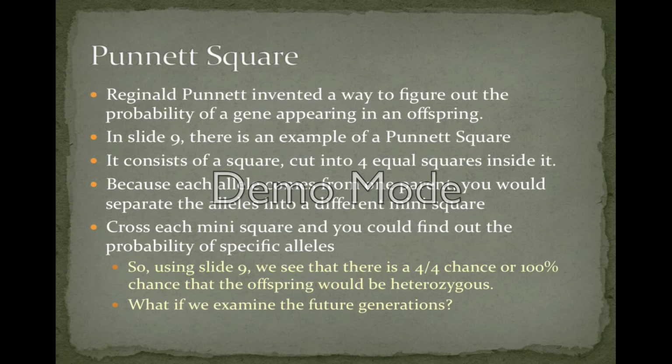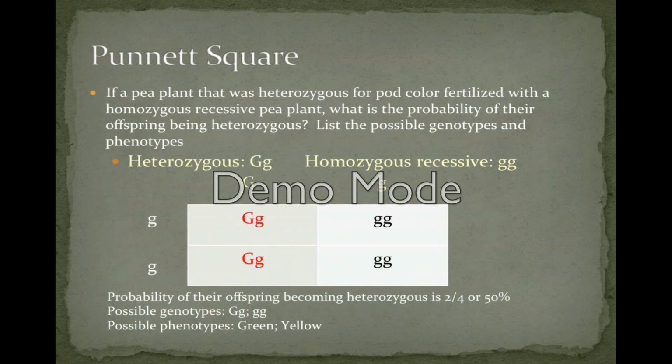I already have a problem set up for you guys. Let's see if we can do this. All right, so if a pea plant that was heterozygous for pod color is fertilized with a homozygous recessive pea plant, what is the probability of their offspring being heterozygous? List the possible genotypes and phenotypes.